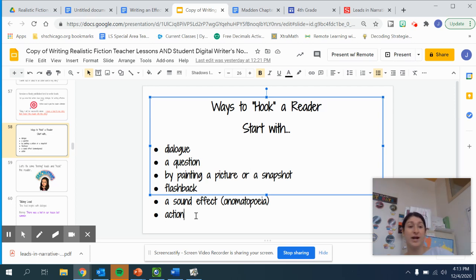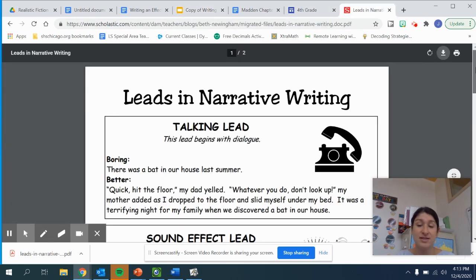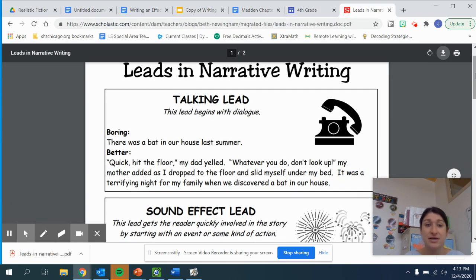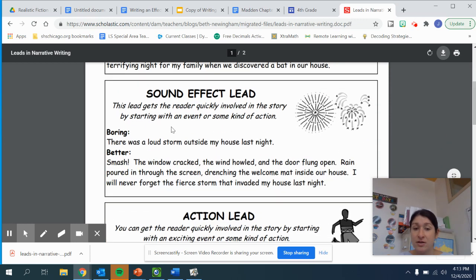So in your writing today, I would like you to use an organizer that looks like this. That's actually going to give you some ideas for leads in narrative writing. You have your talking lead, and what is great here is that it tells you our boring example and then how you can make it better. And I want you to see where in your story or where in your beginning, maybe it's a little boring.